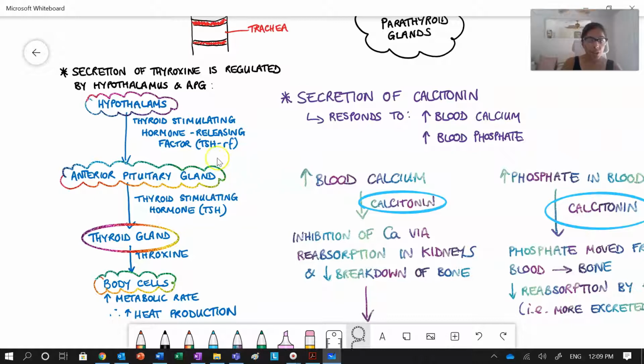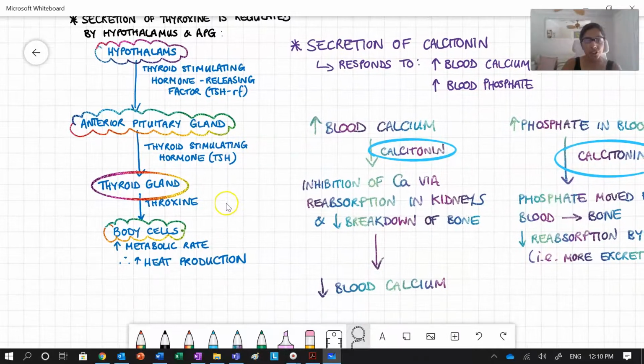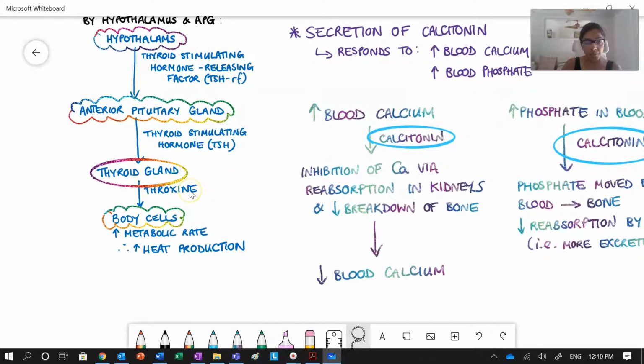The APG will receive this releasing factor signal, and the APG will then itself be stimulated to release thyroid stimulating hormone. This hormone, as the name suggests, targets the thyroid gland, and the thyroid gland will then increase production of the hormone thyroxine.